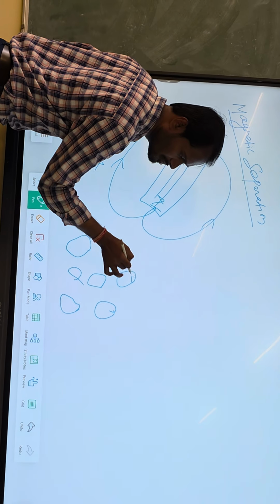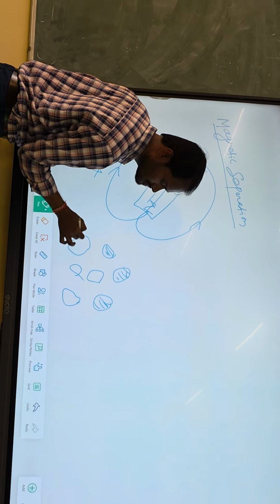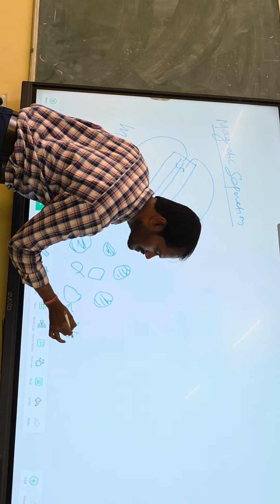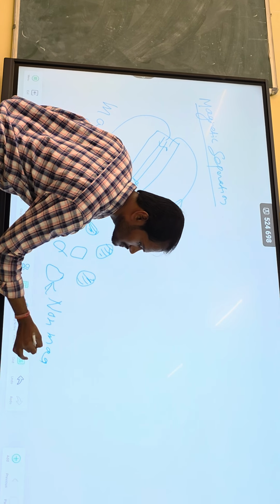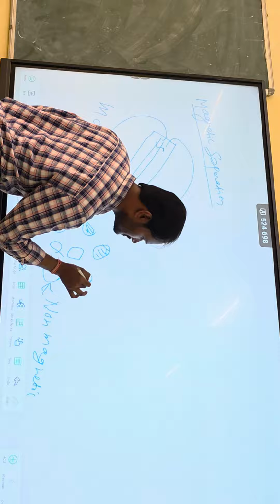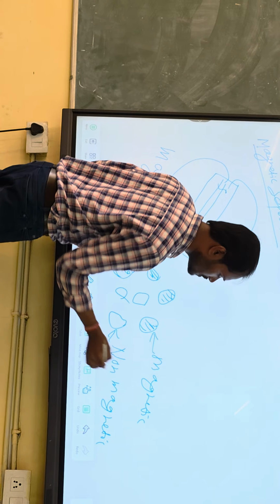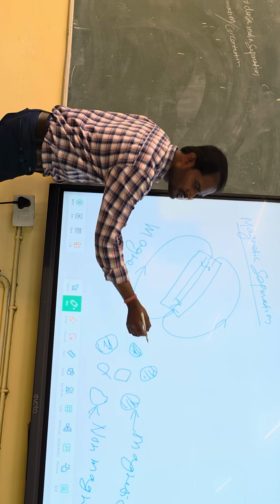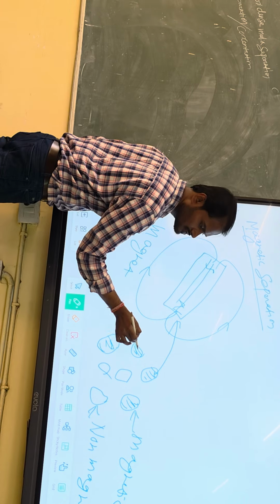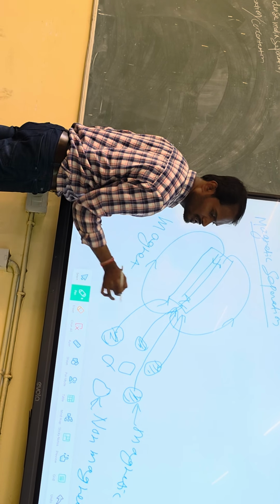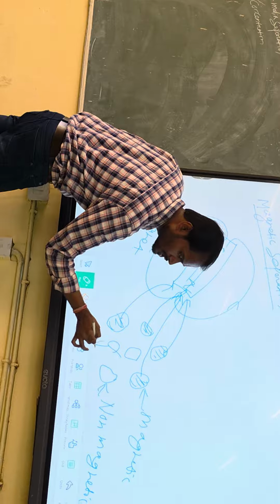For example, these are valuable minerals, and these are gangue, for example. This is non-magnetic. These are magnetic. So what will happen at the end? This will get attracted, this will get attracted, this will get attracted, and this will also get attracted. And this will just fall down.